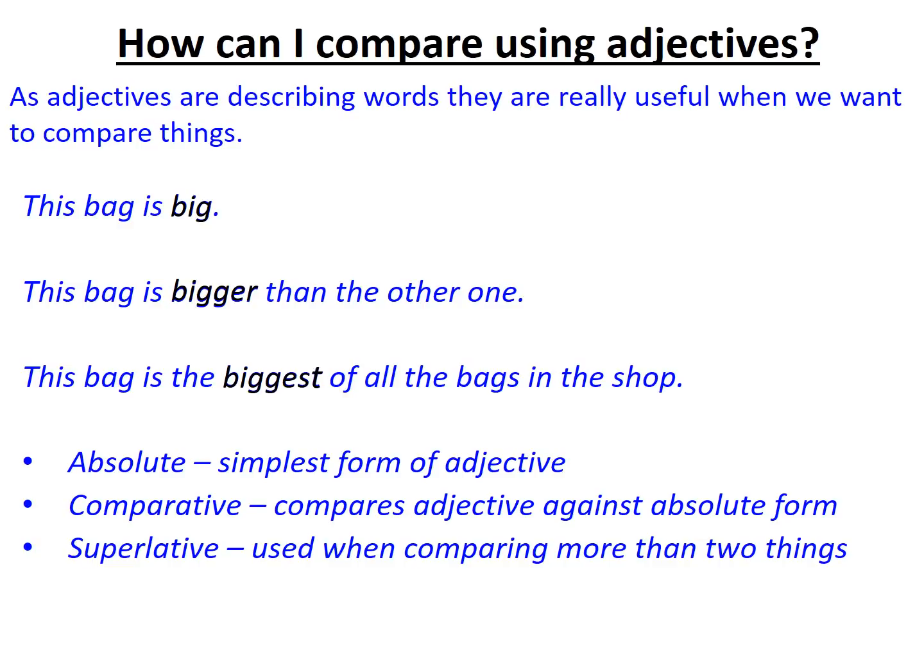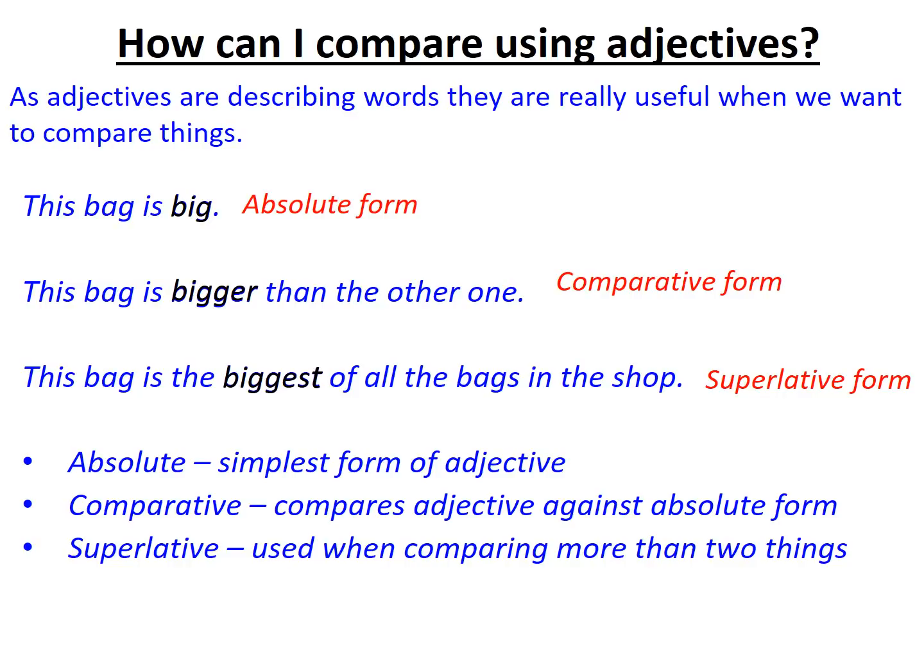So, how did you get on? Well done if you realised that big is the absolute form of the adjective big. And the comparative form is bigger, because I'm comparing what was big to the next step up. And then the superlative has to be biggest.